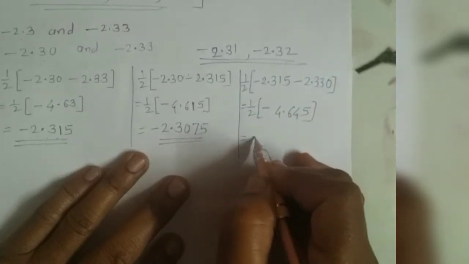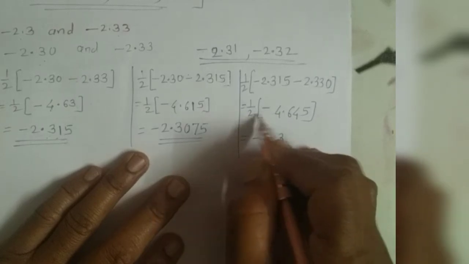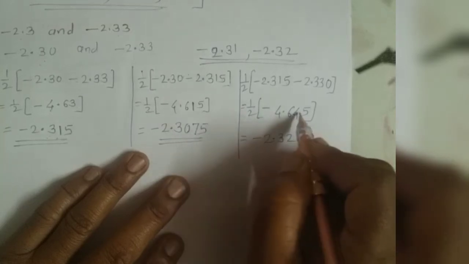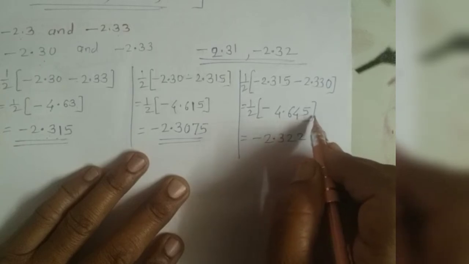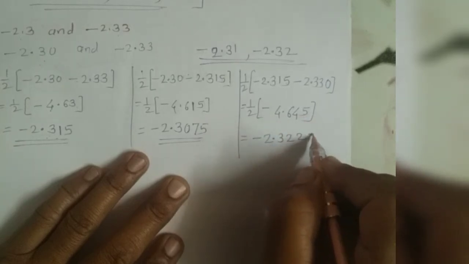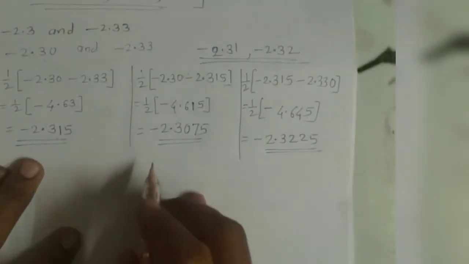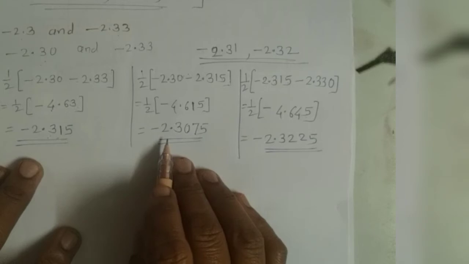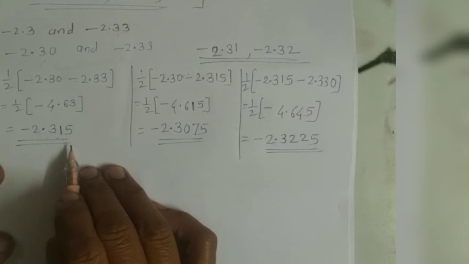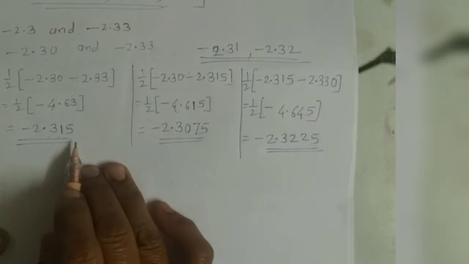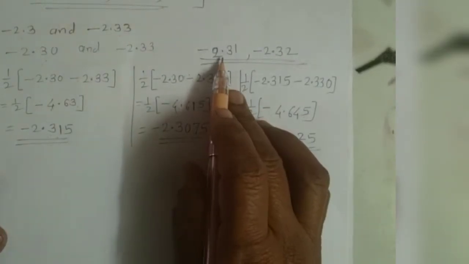Dividing by 2, minus 2 fours are 4, 3, 2 threes are 6, 2 fours again. Again here 5 is there, 2 twos are 4, 1 remaining will be there. Again take one more 0, 2 fives are 10. And these are the three numbers. This number will be first, after that this, and after that this. In this way, these are the three rational numbers, or you may write these numbers orally also.